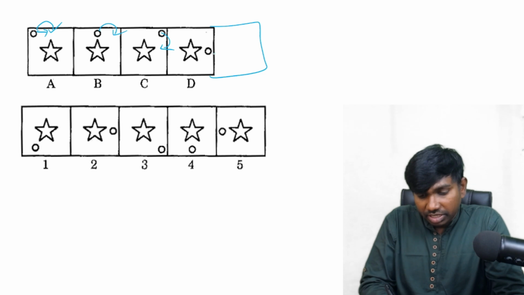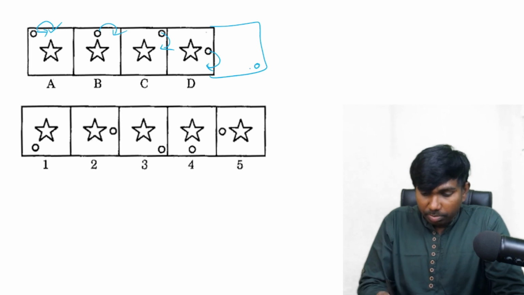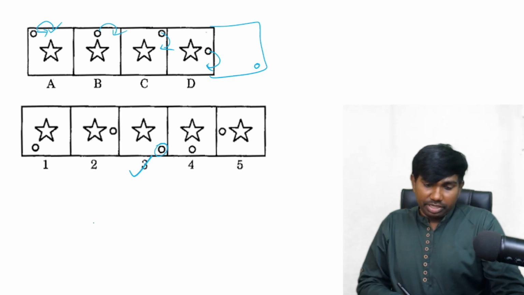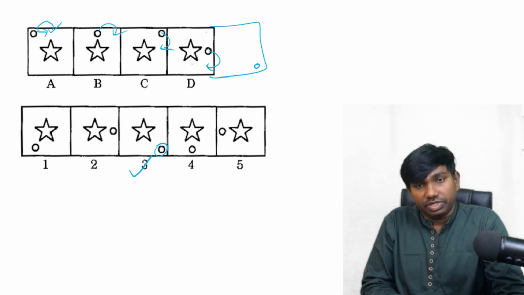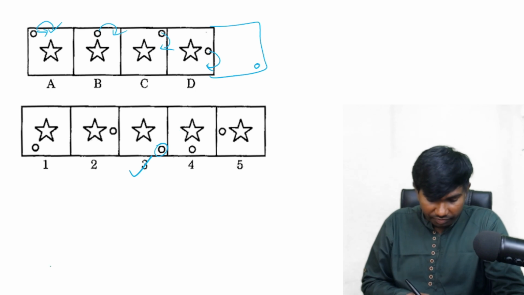So that means our answer figure circle must be in this corner. So bottom right corner circle, there is only one option, that is option 3. And here star is not useful to get the logic, because star is in exactly the same location on all the figures.